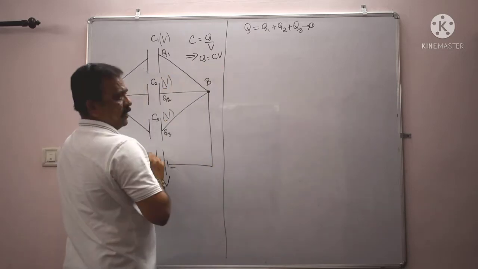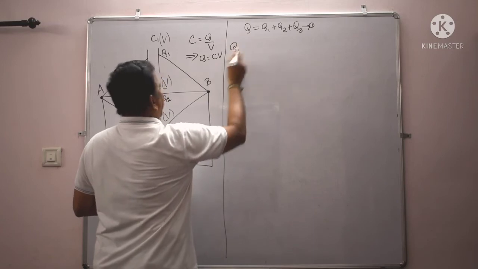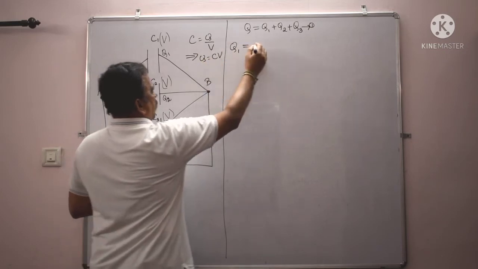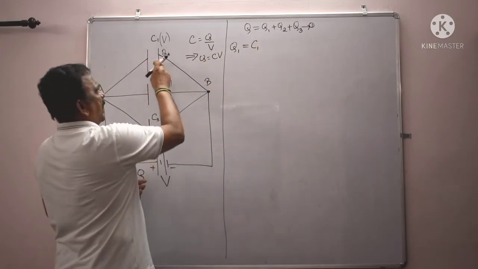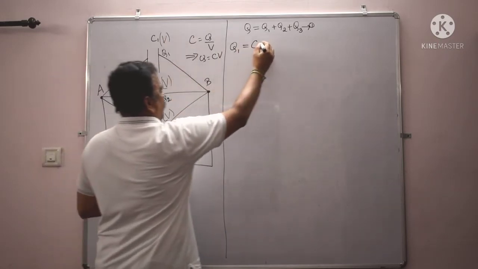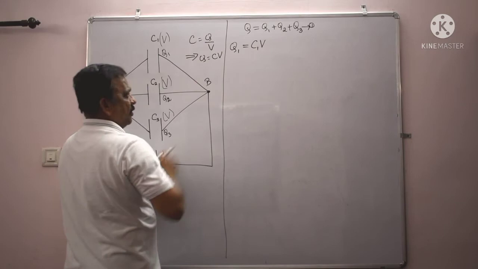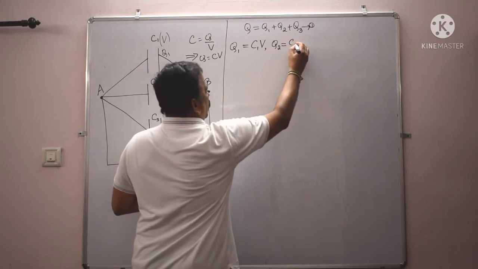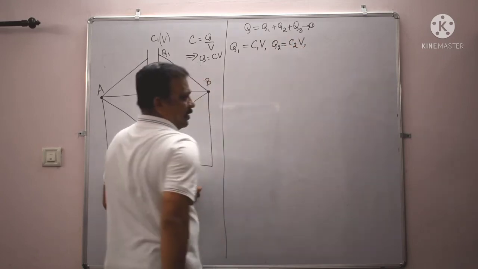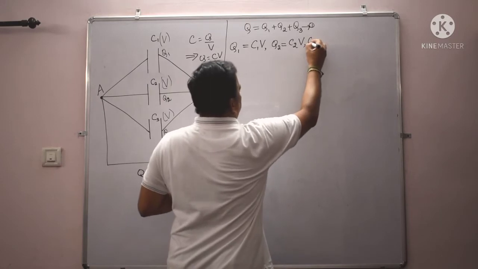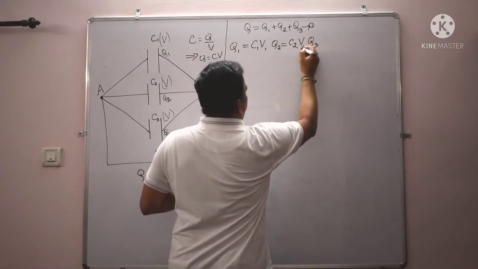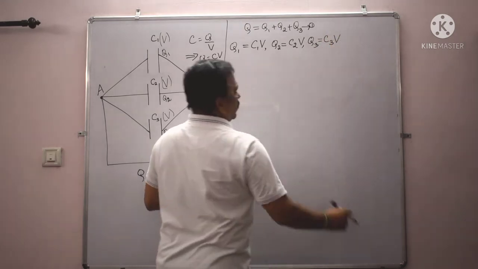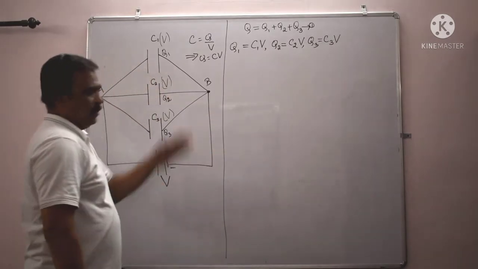Q1 is the charge stored by the first capacitor, so it should be equal to the product of the capacitance of the first capacitor, C1, and the voltage across the plates of the first capacitor, which is nothing but V. Potential difference, voltage, both are the same. Q2 can be written as the capacitance of the second capacitor, C2, and its voltage is V. And Q3 can be written as the capacitance of the third capacitor, C3, and the voltage across its plates is V. So C3 into V.